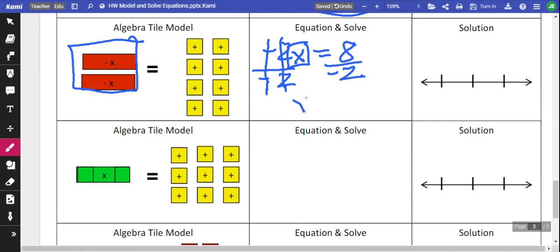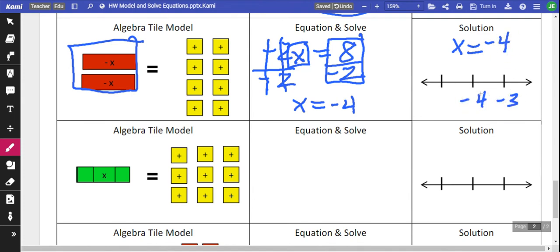So now we just have x is equal to 8 divided by 2, which is 4. And there's only one negative up on top. So that would give us a negative 4. We have negative 4 as our answer. And negatives are counting down, going towards 0 to the right.